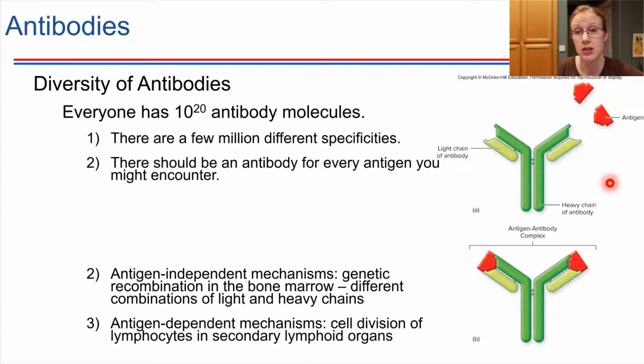But if we were to categorize how many different types of antibodies we have, even so, there are still a few million different types. They can recognize a few million different things. So that's a huge amount of diversity. And the idea is that we should have an antibody present in our bodies to be able to deal with every sort of antigen that we might encounter.